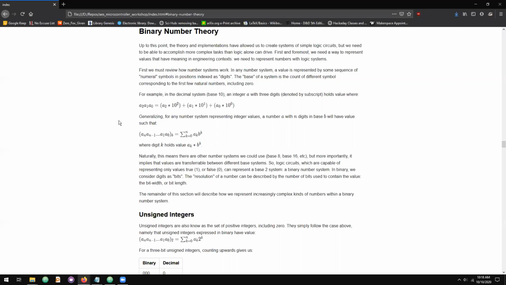So the implication here is that this base doesn't have to be 10. We're comfortable working with it, but we can really set this to whatever we want. We also need to recall that everything up to this point using digital logic is capable of representing 2 values. So in theory, we can set this base to 2.